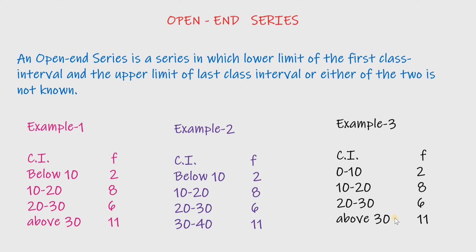Here, one end is open. So these all three examples are of open-end series. We have to calculate arithmetic mean in these kinds of open-end series. So let's see how to calculate arithmetic mean in open-end series with an example.